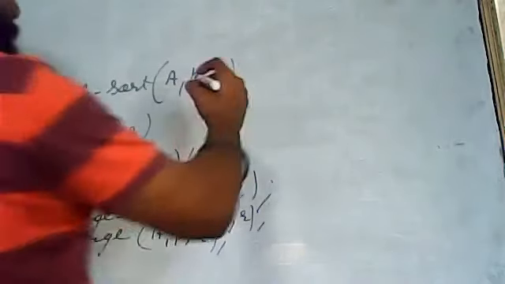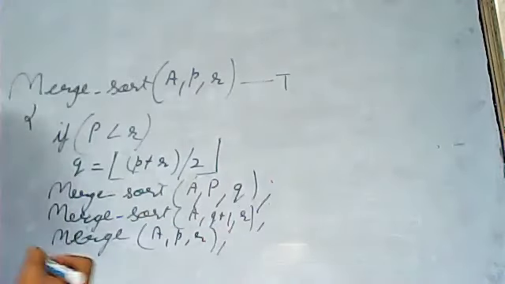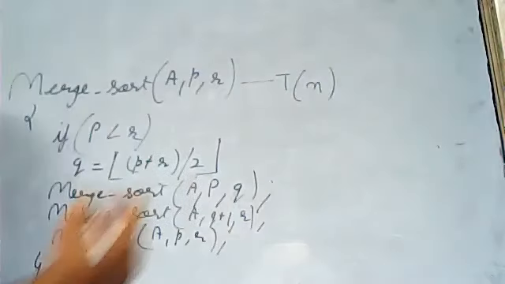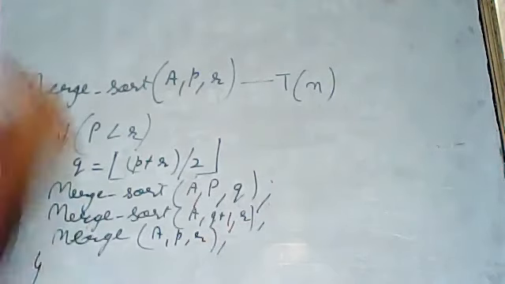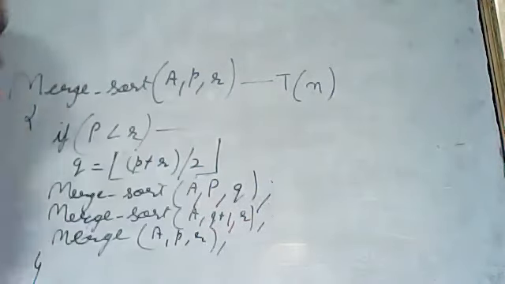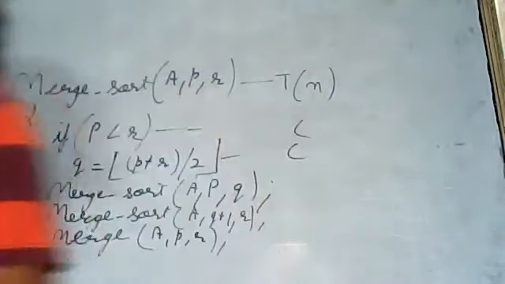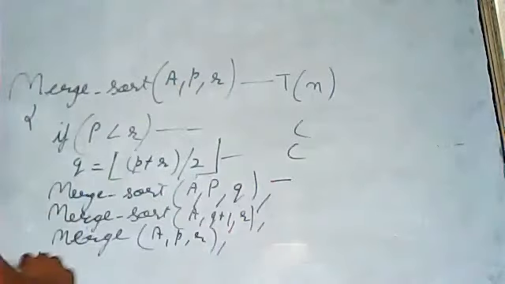But if we want to calculate its time complexity, how can we calculate it? I have told you how to calculate it for a recursive function. For a recursive algorithm's time complexity, we make a recursive equation and then solve it. This will take some constant time, so we can ignore this one, and we can also ignore this one, because this is just an assignment. But we don't know how much time the merge procedure will take.